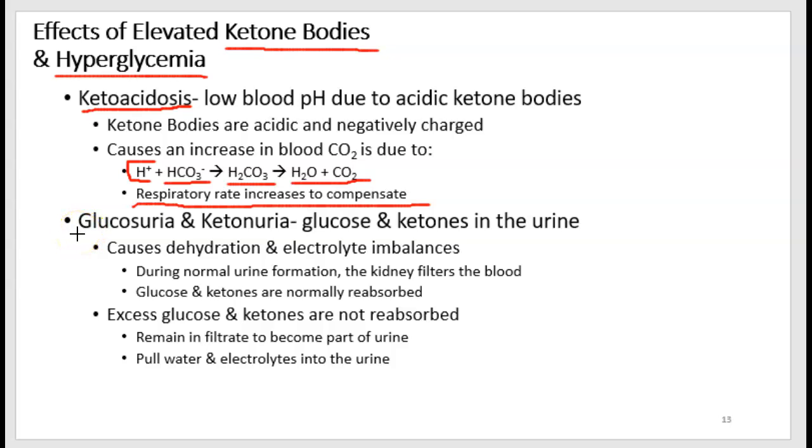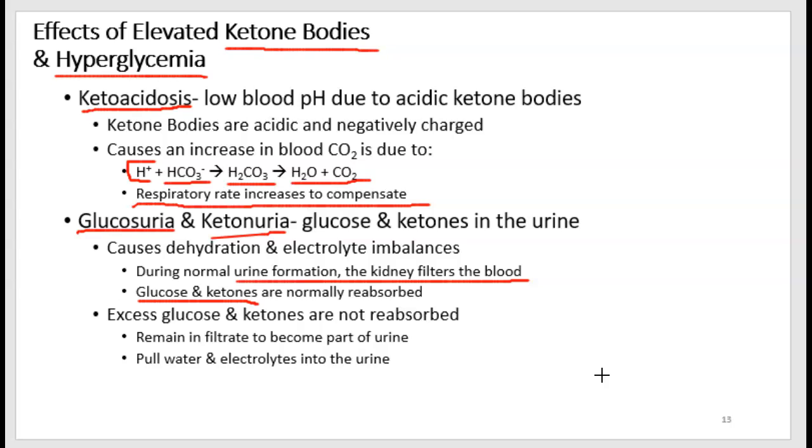And with hyperglycemia, we see glucose and ketone bodies in the urine, which I've mentioned previously. When the kidney is forming urine by filtering the blood, usually these ketone bodies and glucose are reabsorbed back into the blood.